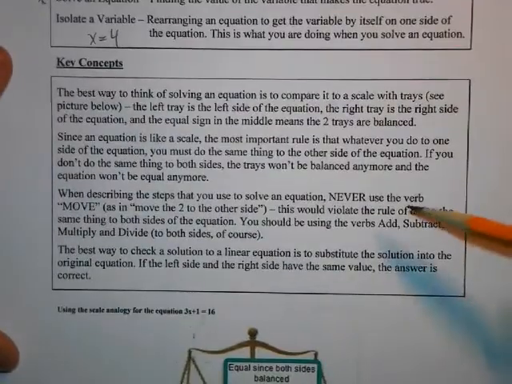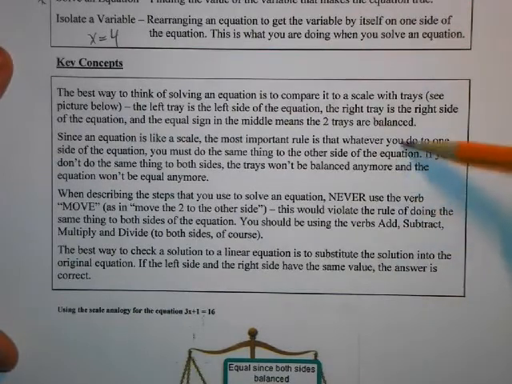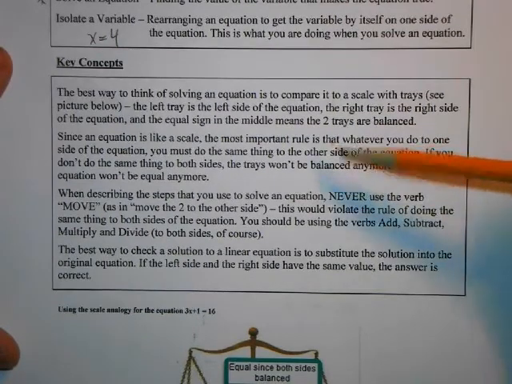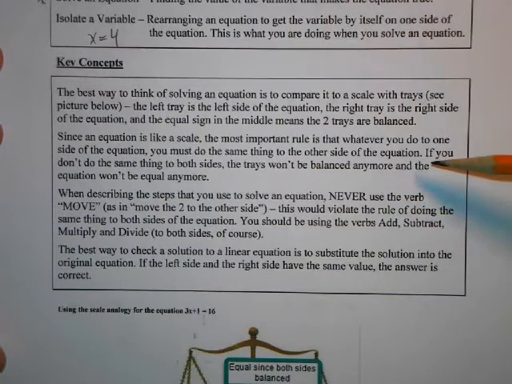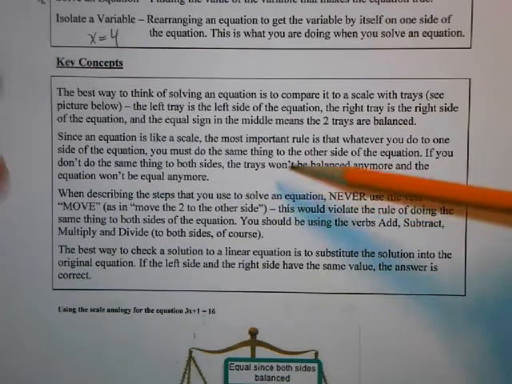Okay, and then this kind of repeats what I just said. Since an equation is like a scale, the most important rule is that whatever you do to one side of the equation, you must do the same thing to the other side of the equation. If you don't do the same thing to both sides, the trays won't be balanced anymore, and the equation won't be equal anymore. Okay, talked about that.